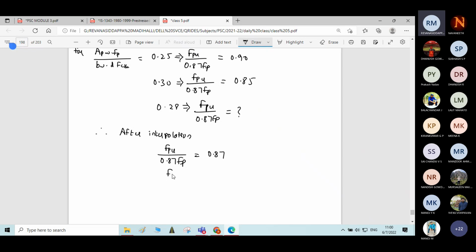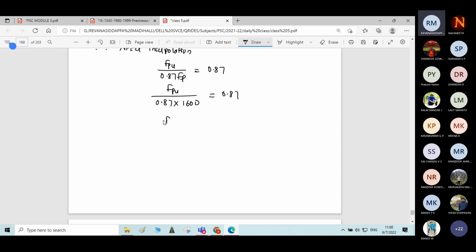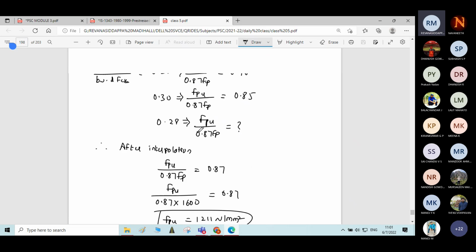Therefore, FPU divided by 0.87 FP, which we have assumed as 1600, is equal to 0.87. By this we get the value of FPU, that is 1211 Newton per mm square. Finally, you got the value of FPU and XU.